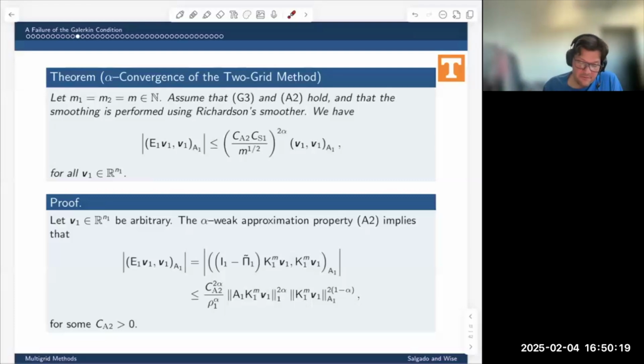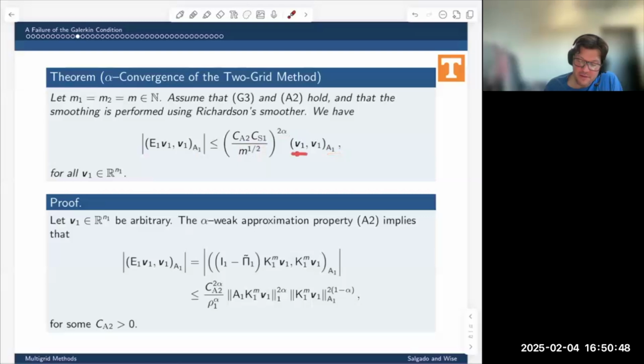Well, E1 V1, V1 in the A1 inner product, taking absolute value, is less than or equal to the 2 alpha power of the following quotient: C_A2 times C_S1, quantity divided by the square root of M, times this whole thing times V1, V1 in the A1 inner product.